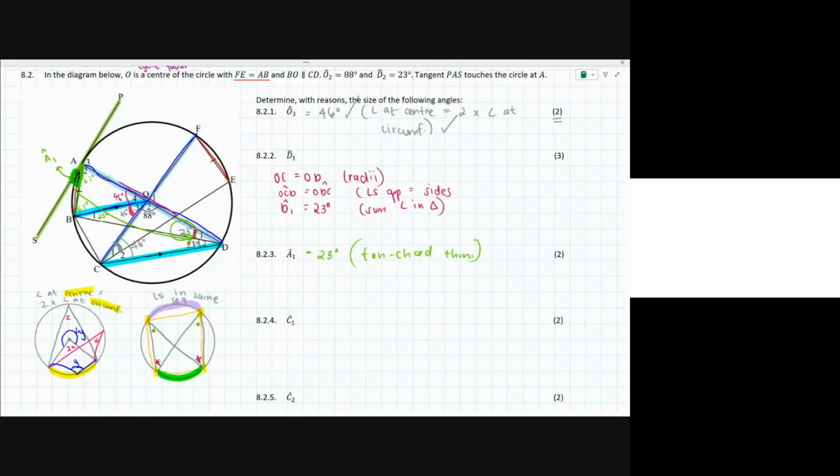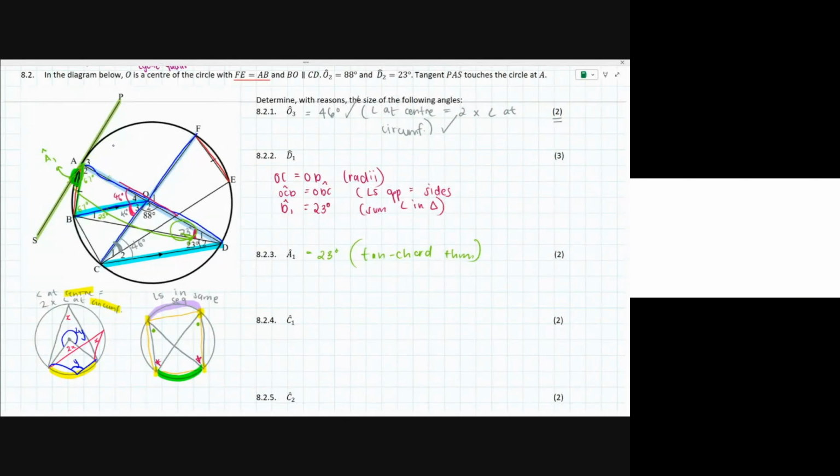Honey? Wouldn't it equal 23? Because equal chords, I don't know if it's right. Equal chords produce equal angles. Perfect. So guys, this is one of the corollaries that we often forget.